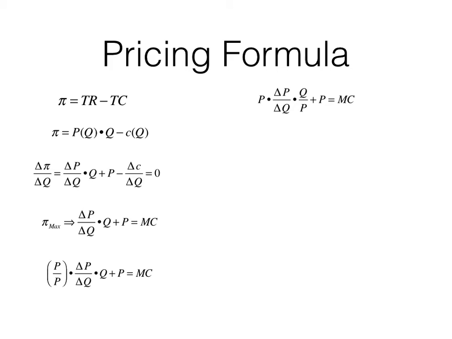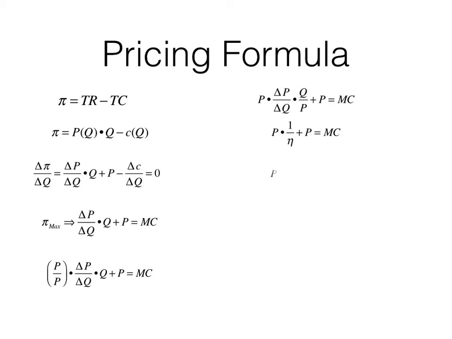Looking at the change in price divided by change in quantity times quantity over price should look familiar to you, and that's going to be the inverse of elasticity. Elasticity is the change in quantity divided by change in price times price over quantity. So this is the inverse, and I can now simply say price times 1 over the elasticity plus price is equal to marginal cost.